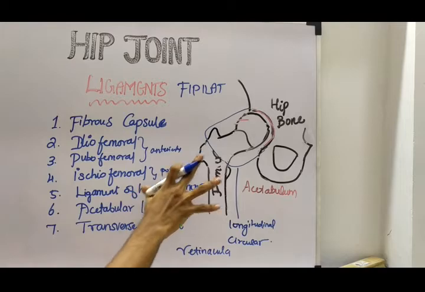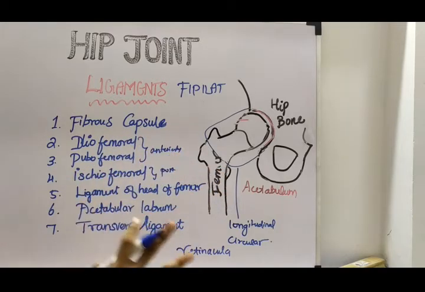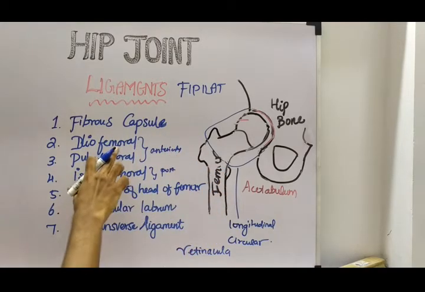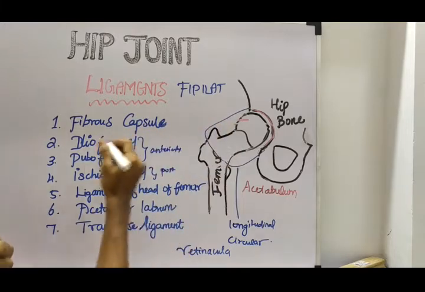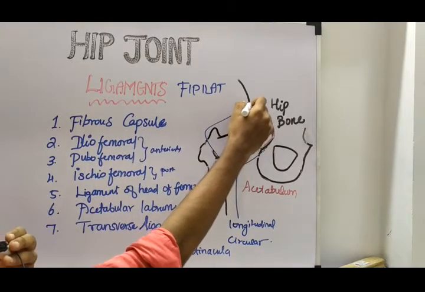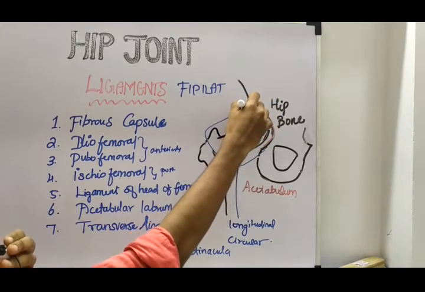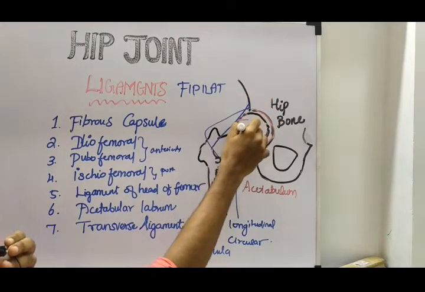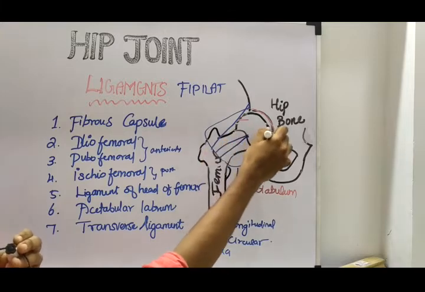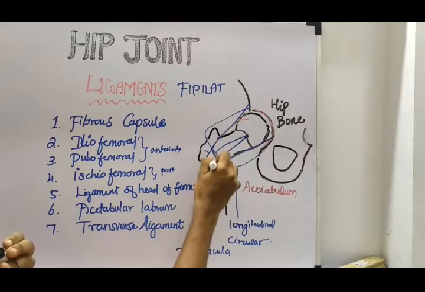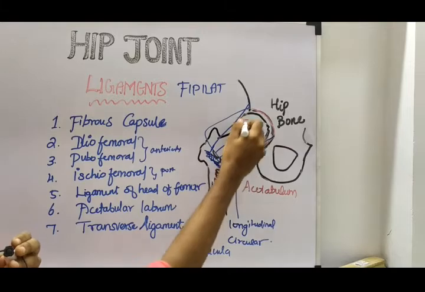The location of the ligaments can be known from the name itself. So the iliofemoral comes from the lower part of the anterior inferior iliac spine, comes like this, and attaches to the intertrochanteric line.